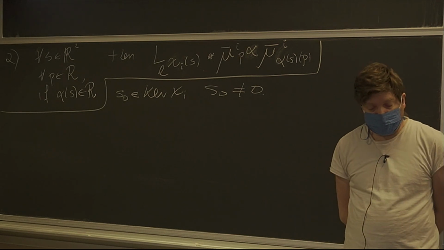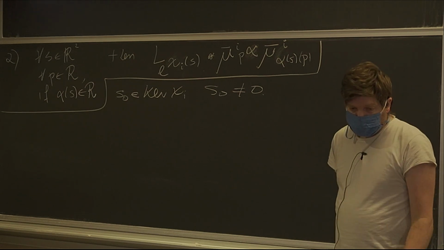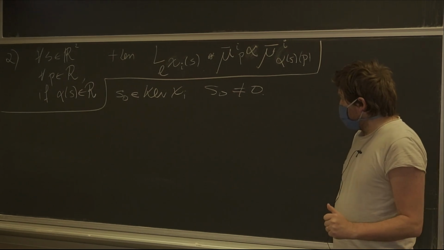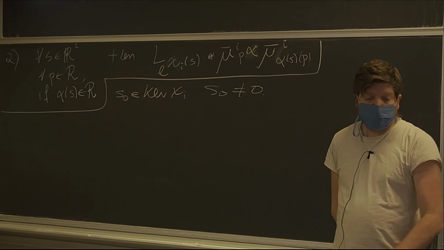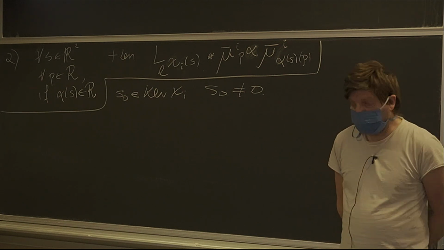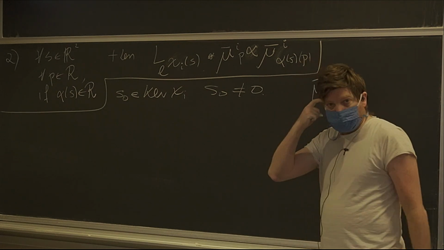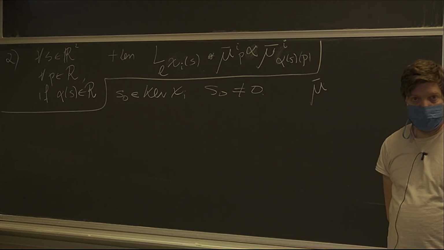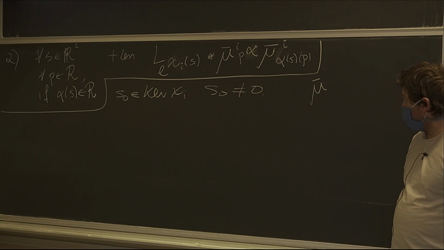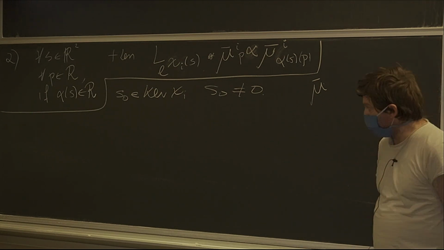In this situation, it's harder than in Margulis situation, but we will see it later. What's the difference? I don't want to assume that alpha of S naught is ergodic now. So I need to do something about this. I have this mu bar measure, and I don't know that this measure is ergodic. So I need to do something.